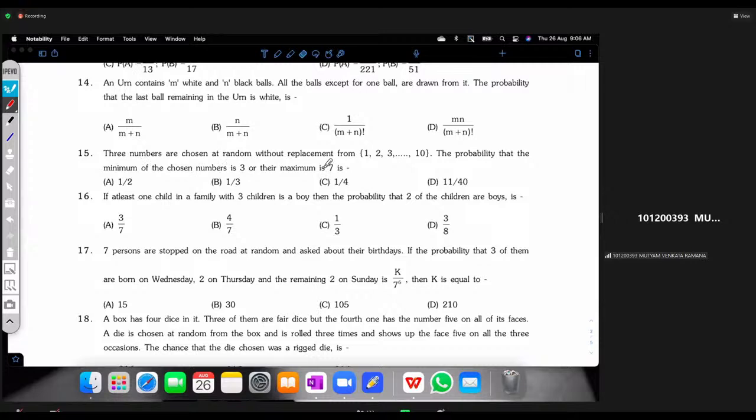3 numbers are chosen at random without replacement. The probability that the minimum of the chosen numbers is 3 or their maximum is 7.